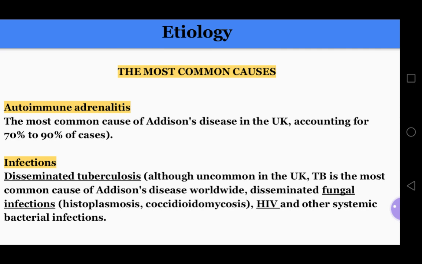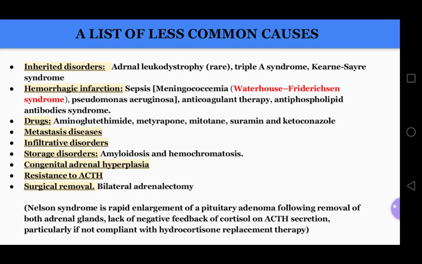Apart from tuberculosis, disseminated fungal infections like histoplasmosis and coccidioidomycosis, HIV, and other systemic bacterial infections can also cause Addison's disease. There is a long list of less common causes, including inherited disorders, and hemorrhagic infarction like in sepsis, especially in meningococcemia.